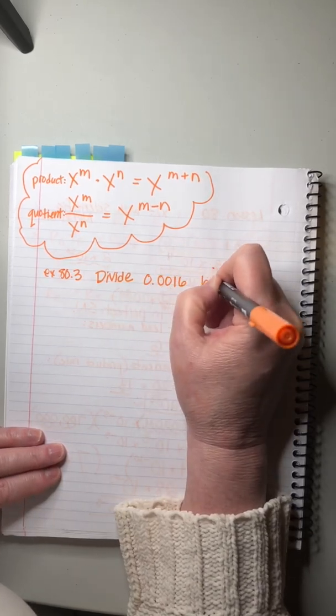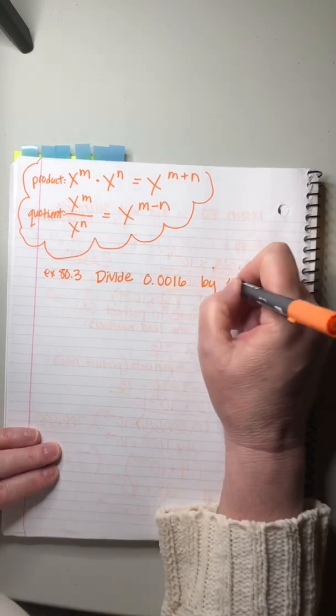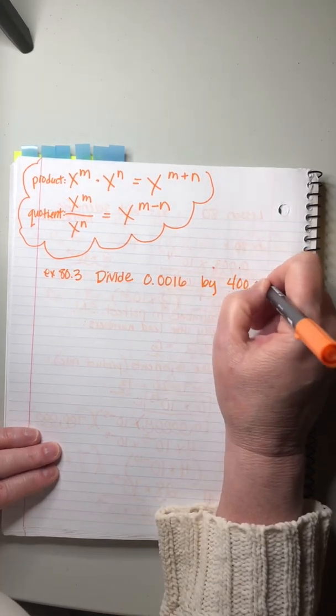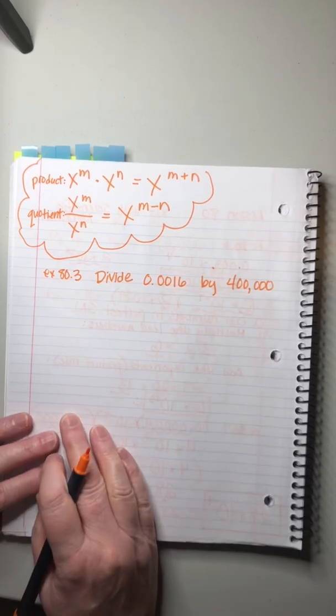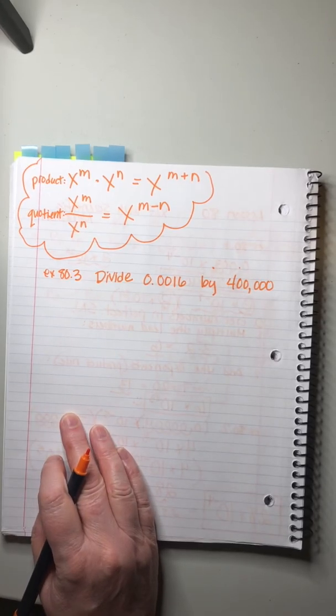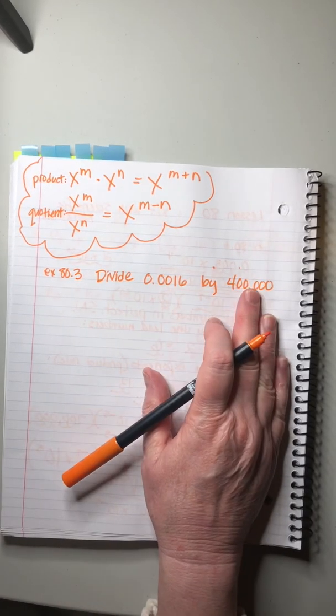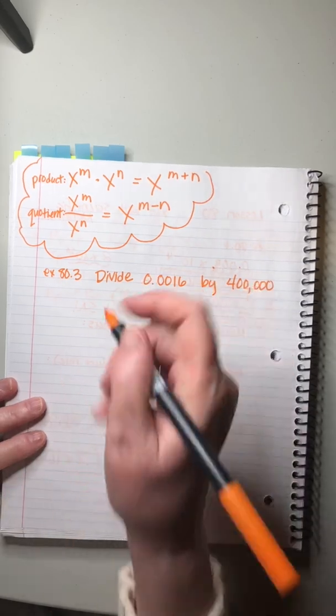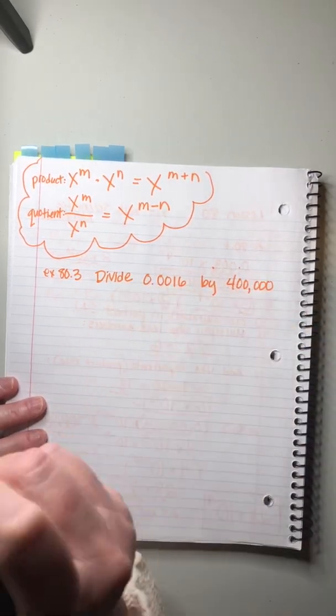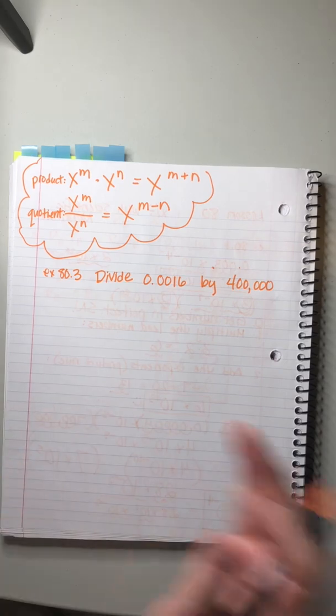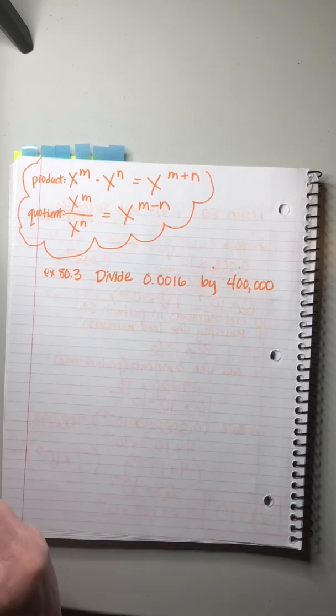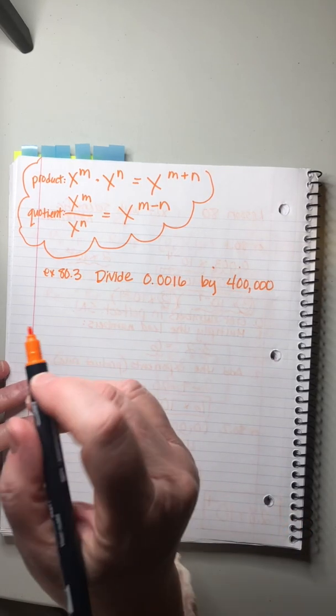Okay, now the first thing it really helps to remember is, what does that even mean? How do you arrange them? Something by something means this on the top and that on the bottom. We want to write them in fraction form, not like in a division box like we learned for long division. We want to make them into a fraction.